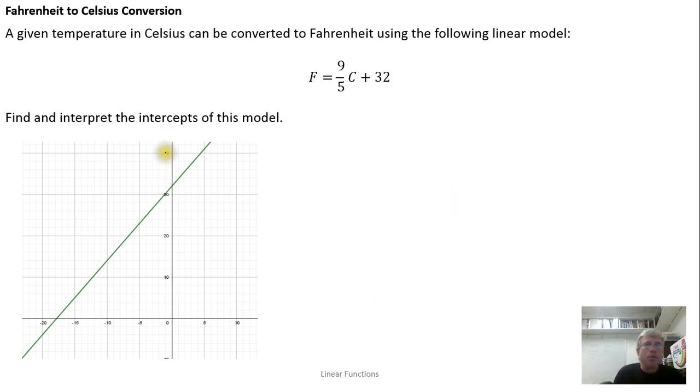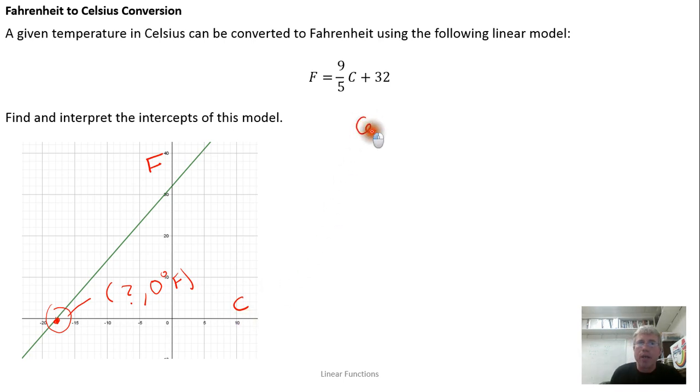Then we need to find the horizontal intercept. So again, Fahrenheit, Celsius. The horizontal or Celsius intercept is going to be located right here. And what we want to notice is that as we cross the Celsius axis and try to figure out what Celsius temperature is there, we can see that the Fahrenheit has to be 0. So on the horizontal intercept, the output is always 0.